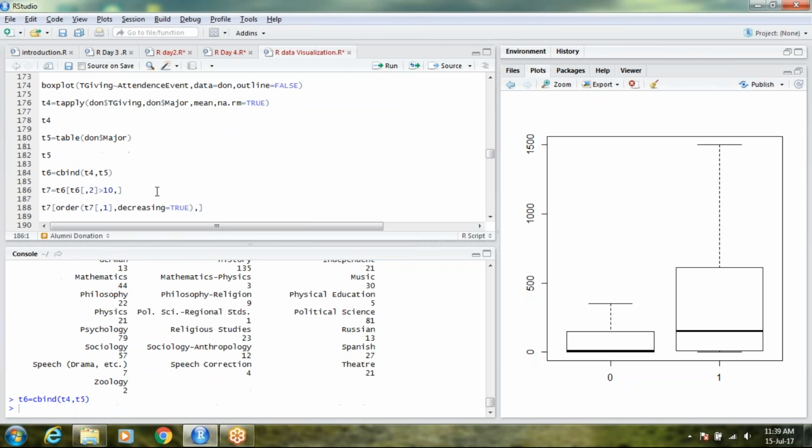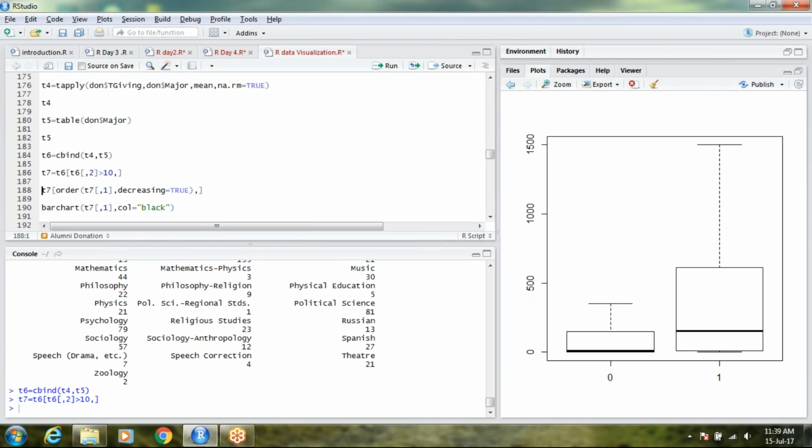So let's do cbind here. And I'm only including those departments which have a strength of more than 10.